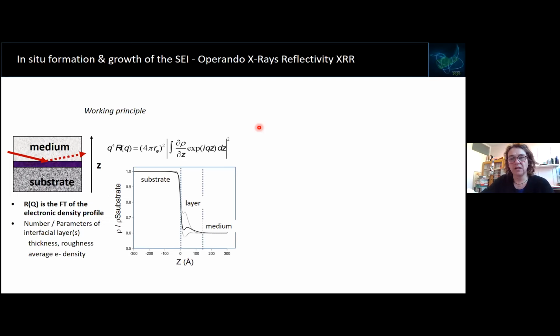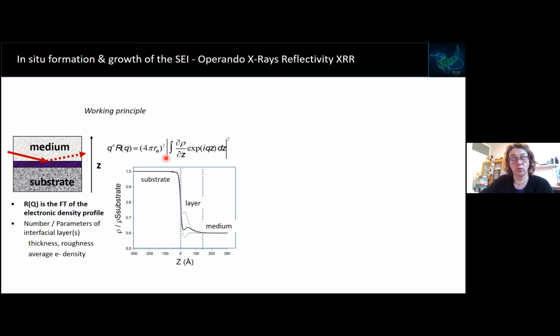So in a nutshell, the principle of this technique is that you have a substrate on top of which you have a layer that you're interested in, in a medium. And you will shoot a grazing incidence X-ray beam on this layer, and the beam will be reflected. What you measure is a so-called reflectivity profile, and this reflectivity profile is a Fourier transform of the electronic density profile.